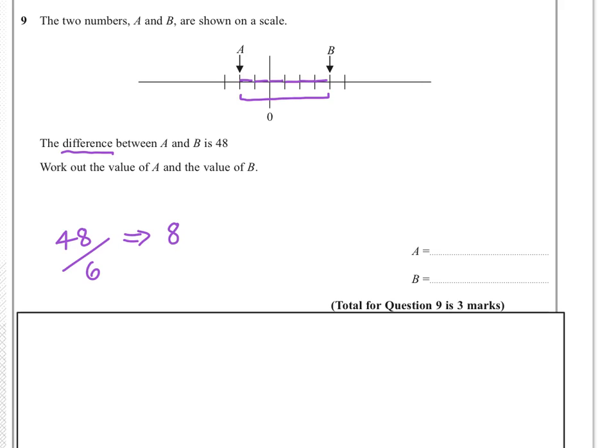So if this is 0, which is given, this would be 8, this would be 16, this would be 24, and B would be 32. And then if we start going back from 0, this would be negative 8, and this here would be negative 16. So try and use the key words to help you work out what to do in the question, and then it should be much easier for you.